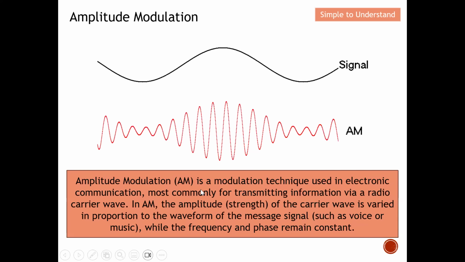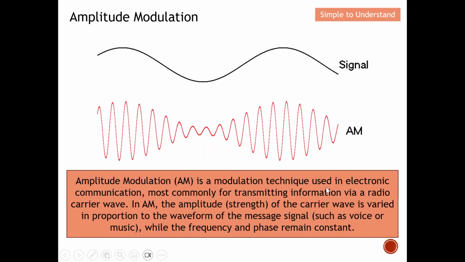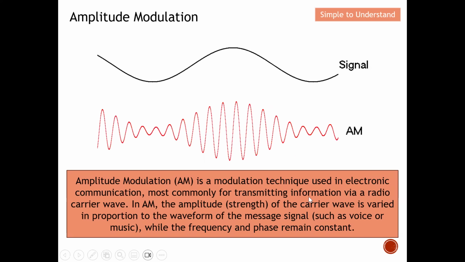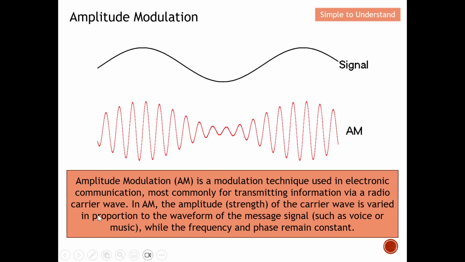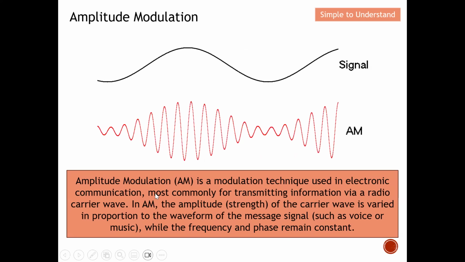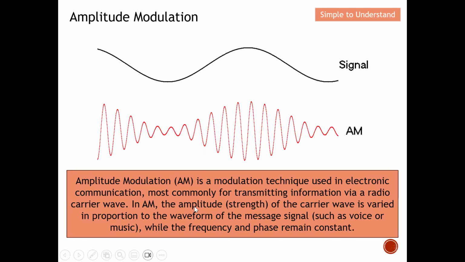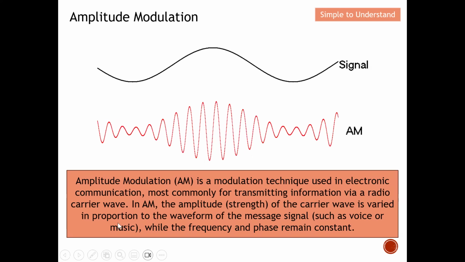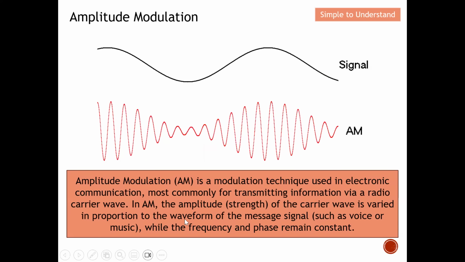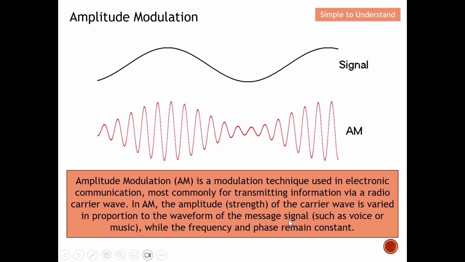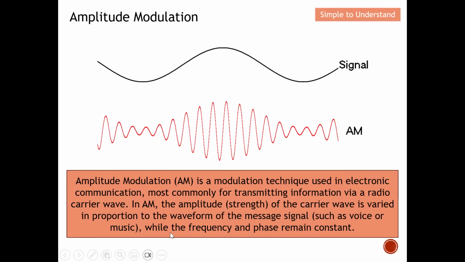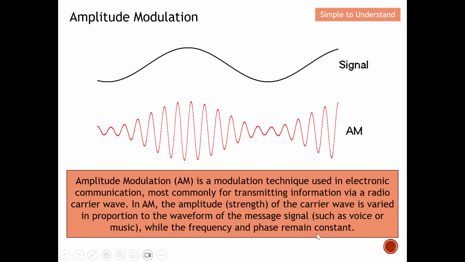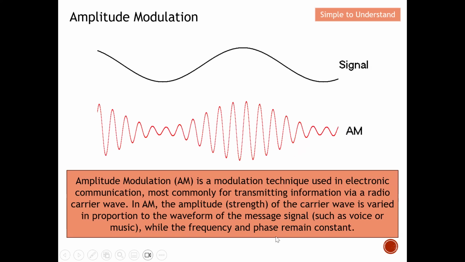Amplitude modulation is a modulation technique used in electronic communication, most commonly for transmitting information via a radio carrier wave. In AM, the amplitude, which is the strength of the carrier wave, is proportional to the waveform of the message signal, such as voice or music, while the frequency and phase remain constant. Let me do some explanation.